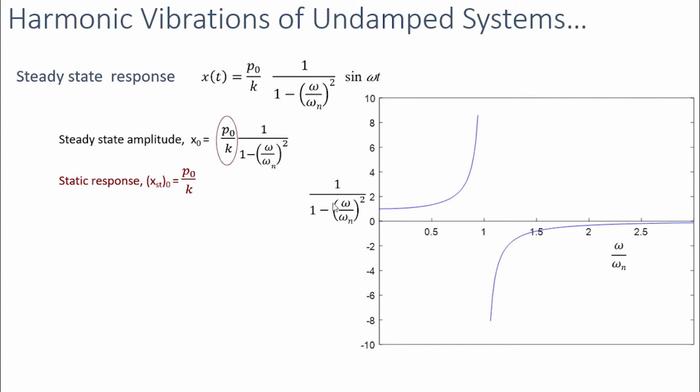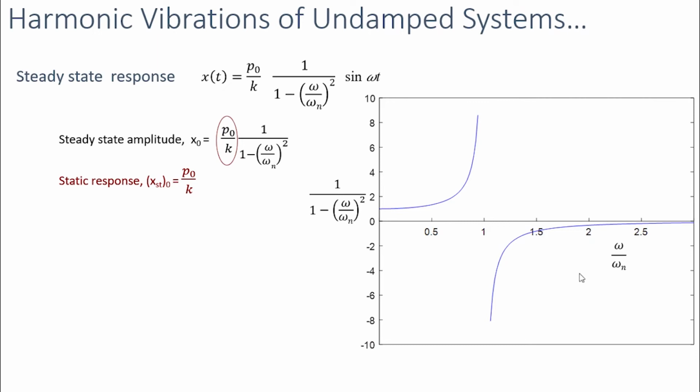That's what happens when this factor is negative. When the frequency ratio is slightly higher than 1, we will have a high amplitude for this factor. So the steady state amplitude will be much higher than the static response, but the response will be in the opposite direction of the force acting.